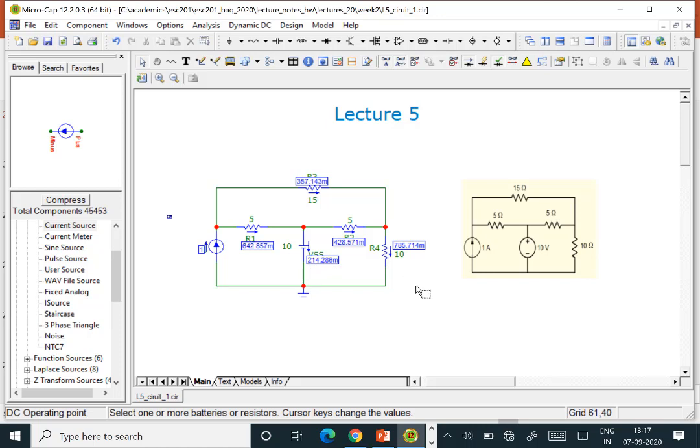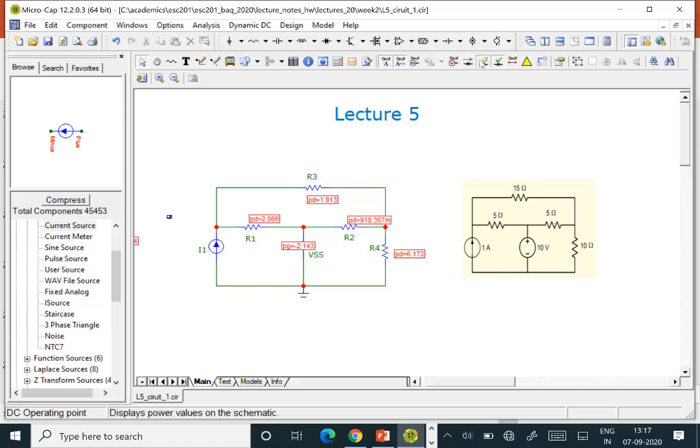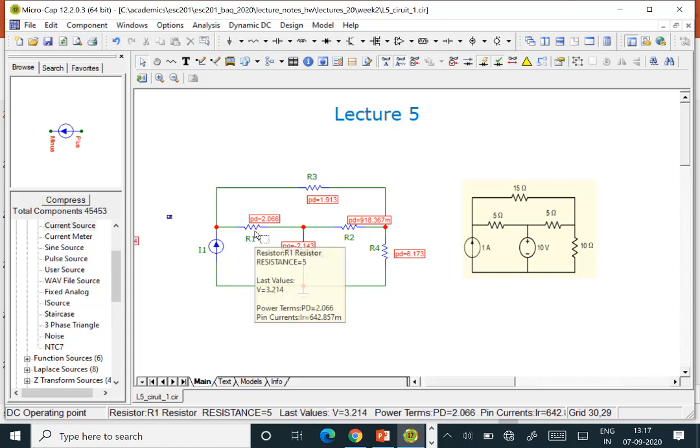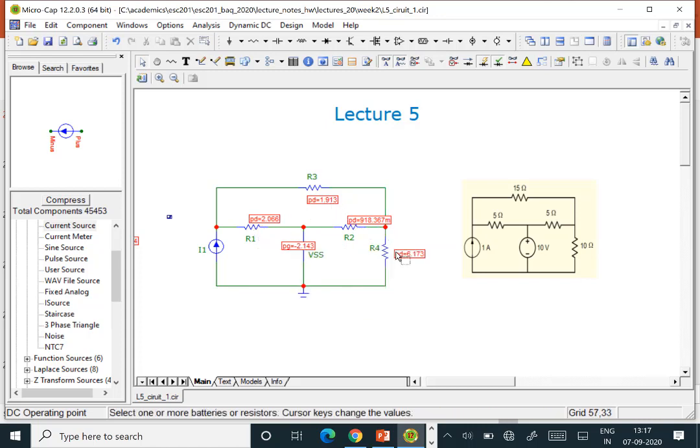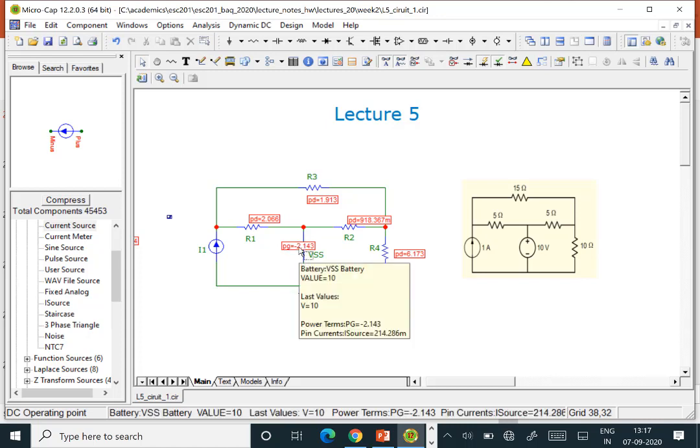Note that it gives you very precise answers in almost no time. And if you're looking for, let's say, power, it gives you power dissipated in this resistor, in this resistor, in this resistor, and here. And this is a voltage source, so the power generated is negative here.